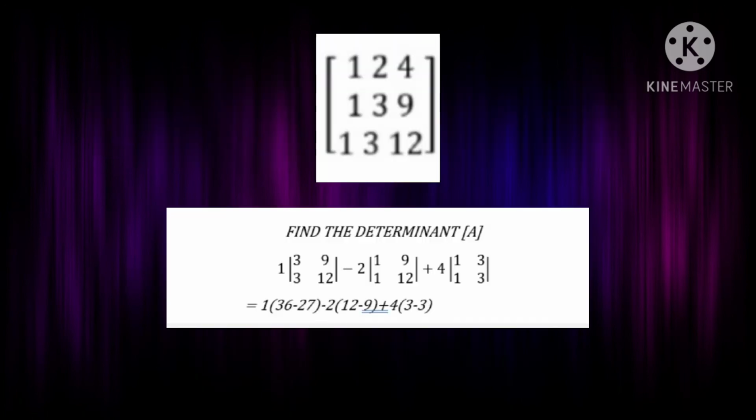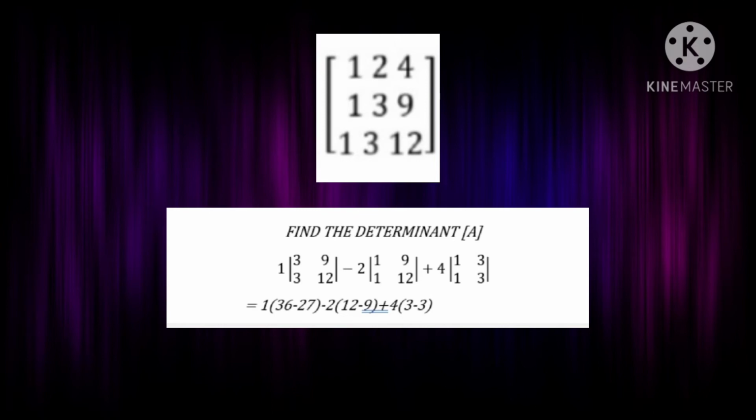To find the determinant of A, we will expand along the first row, so we will get 1. We cancel the first row and the first column. We will get 3, 9, 3, and 12. Then minus 2, we cancel the first row and the second column.